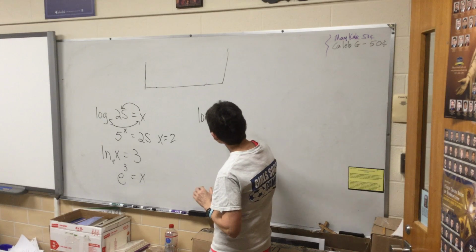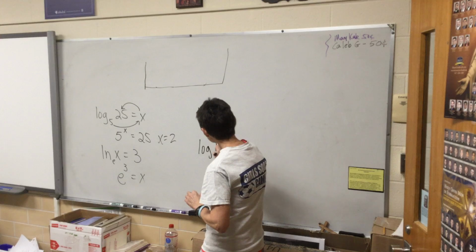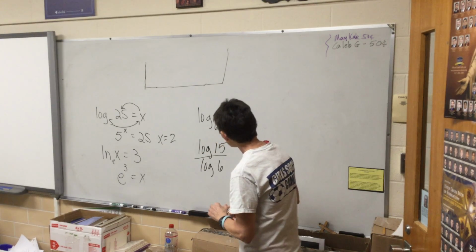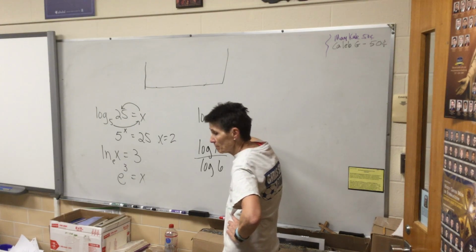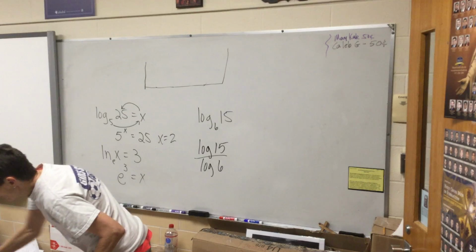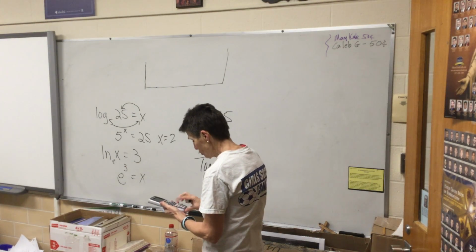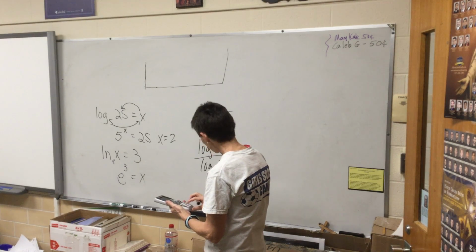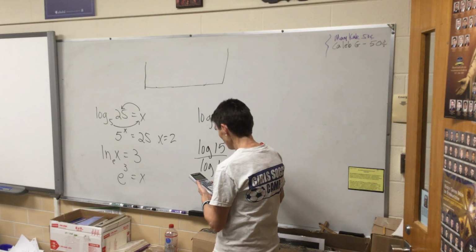The technique for this kind of problem is the log of 15 divided by the log of 6. It's the log of this number over the log of this number. And we'll just type it in on our calculator, making sure we close the parentheses. And the answer is 1.5114.